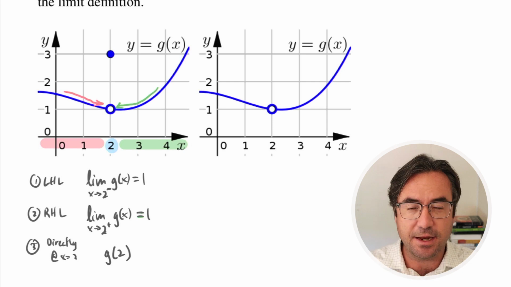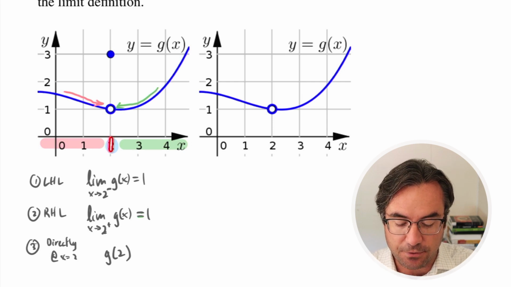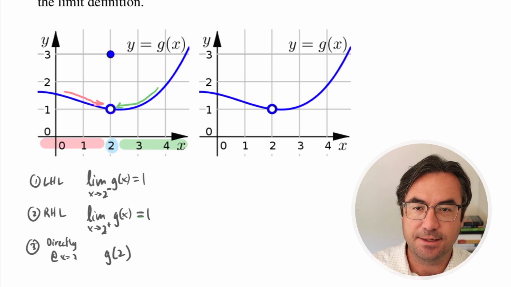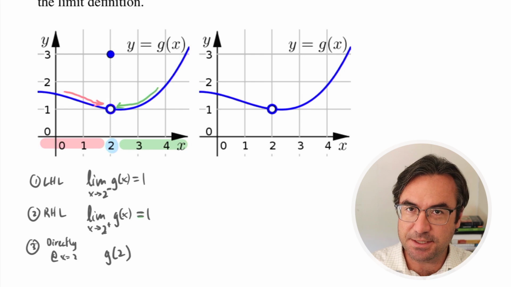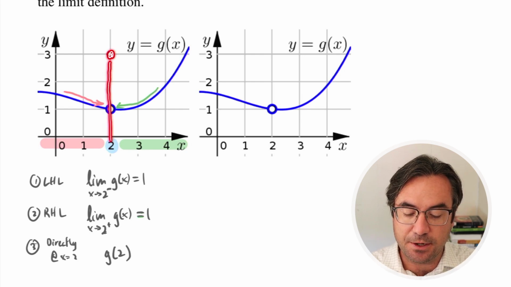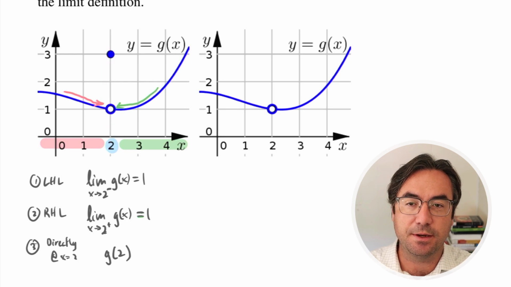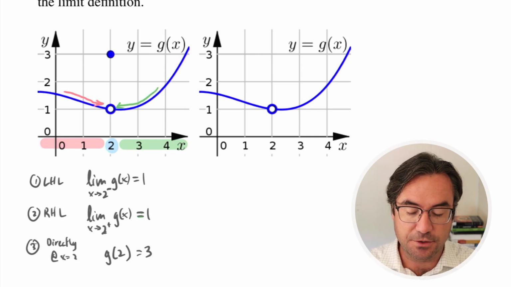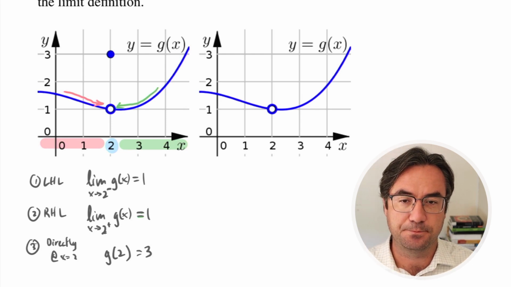We're looking exactly at x equals 2, and we're trying to figure out where the filled-in point is. And this point is missing. It's not part of our graph. The filled-in point is up here, and the y-coordinate for that point is 3. So the output of our function here is actually 3.